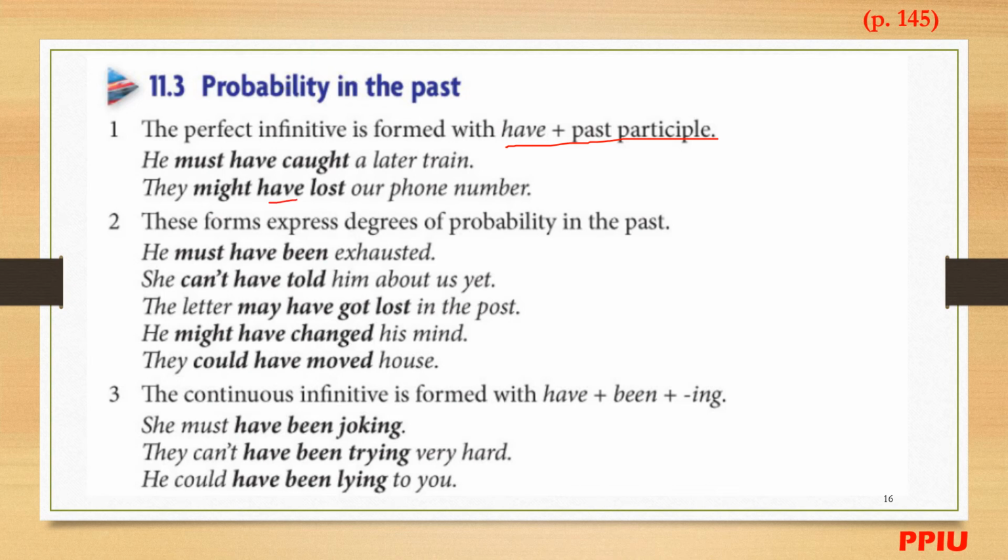This form expresses degree of probability in the past. He must have been exhausted. She can't have told him about us yet. The letter may have got lost in the post. He might have changed his mind, or they could have moved house.